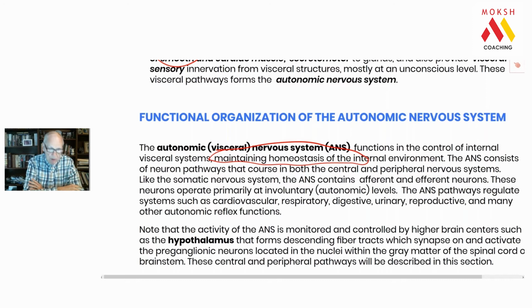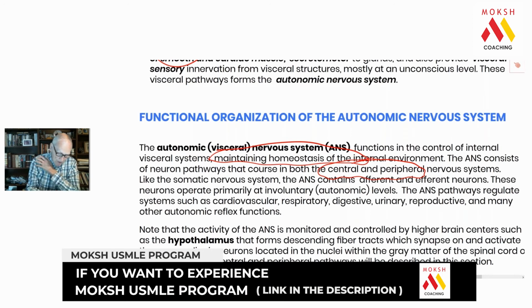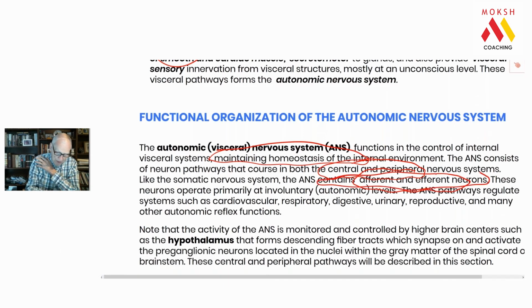A couple other points you want to quickly note in that first paragraph. Notice that the ANS circuits are found in both central nervous system and peripheral. So it has a central and a peripheral extent to it. And again, notice like somatic, it's going to have motor and sensory fibers. So it's going to have afferent and efferent components as well.